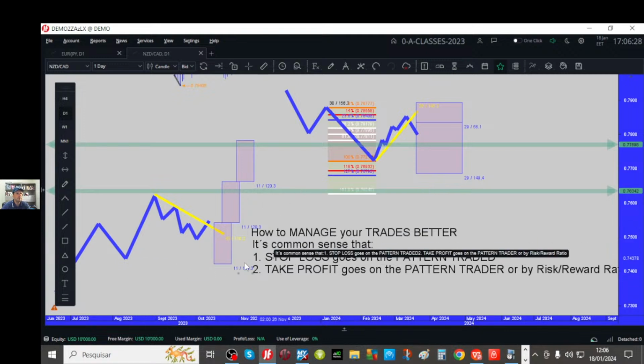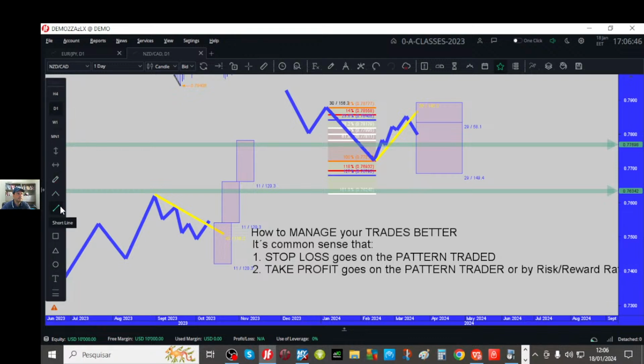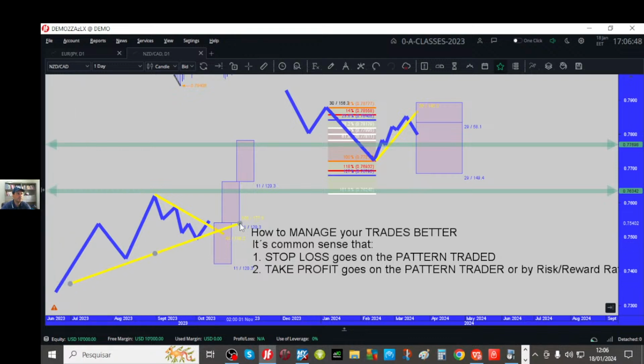So how to manage your trades better? There is good news and bad news, and there is no right or wrong, by the way. So let's address the uptrend trade first before you go on USD JPY. Uptrend first, everybody.